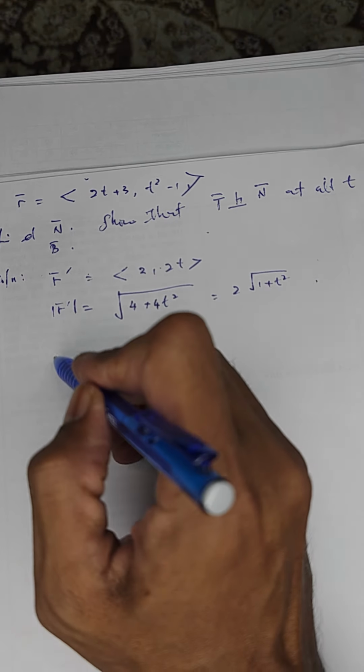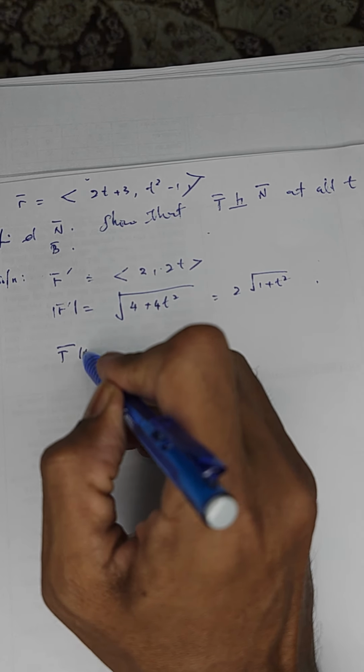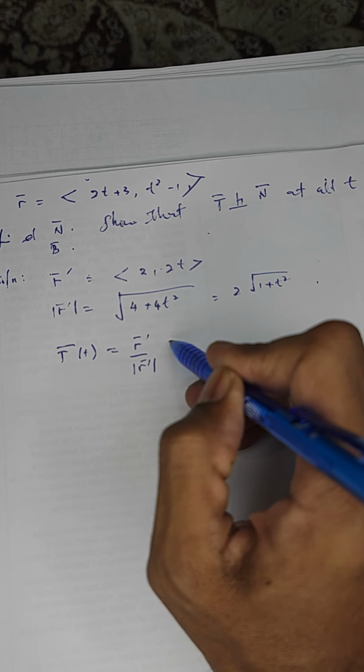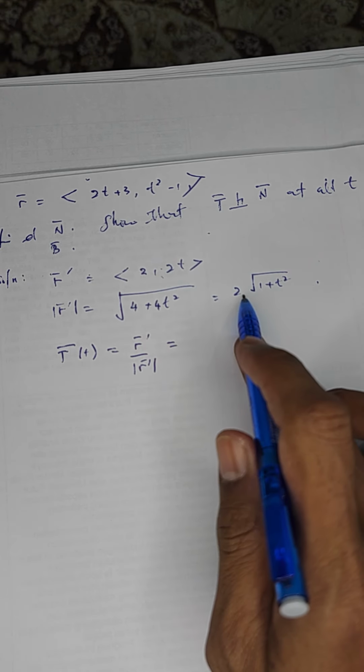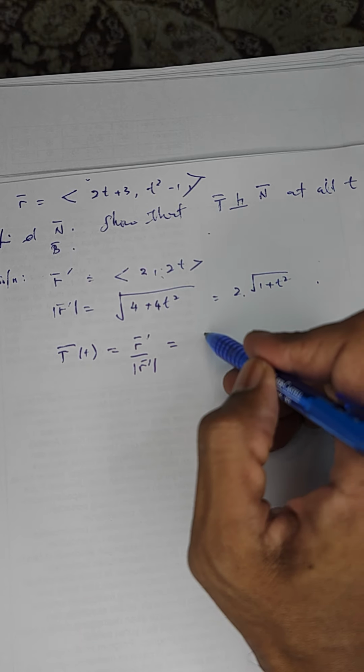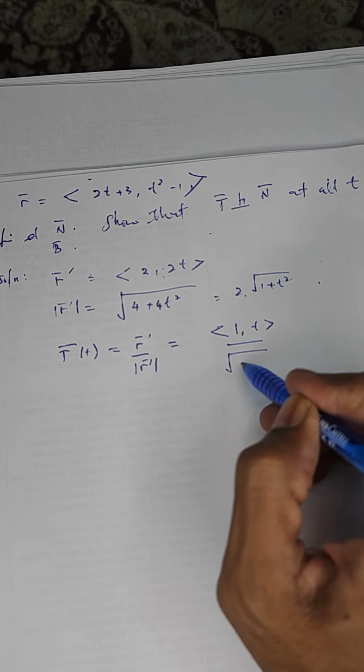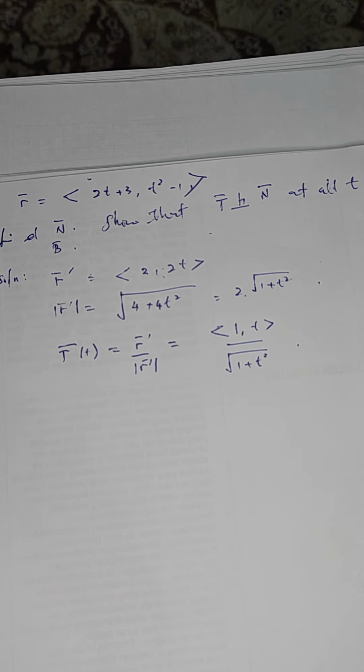And therefore our T is r prime over the magnitude of r prime, that gives you 2, 2t over 2 times the square root of 1 plus t squared. You can cancel out, so what is left is 1, t over the square root of 1 plus t squared.